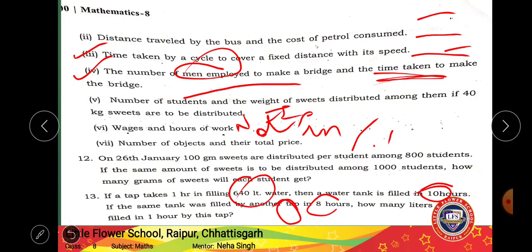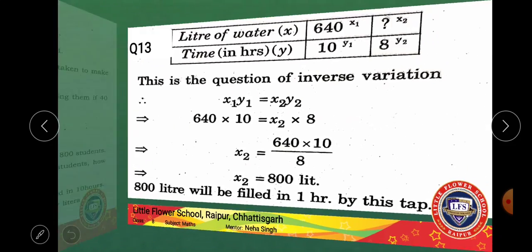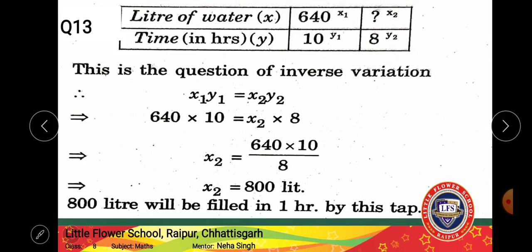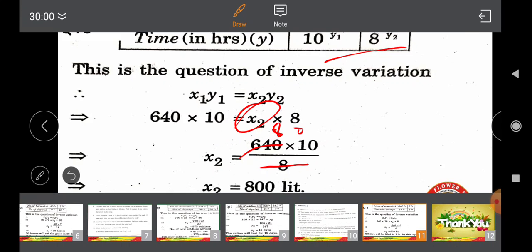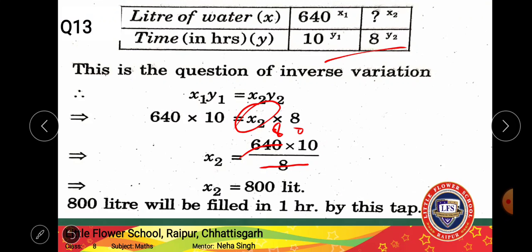So how many liters will be filled in 8 hours? x1 y1 equals x2 y2. x2 will be 640 into 10 upon 8, and divide here. 8 ones are 8, 8 8s are 64, 0. 80 into 10 is 800. So 800 liters will be filled in 1 hour if the tap is opened for 8 hours a day.